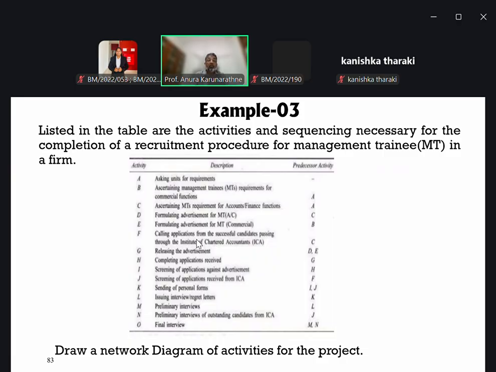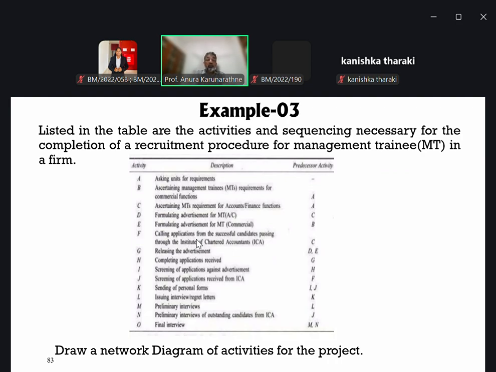You can see activities starting from A, B, C, D, up to O. We can read these activities as well, but in order to save time I'm not going to discuss the descriptions, although it is important to know them as well.